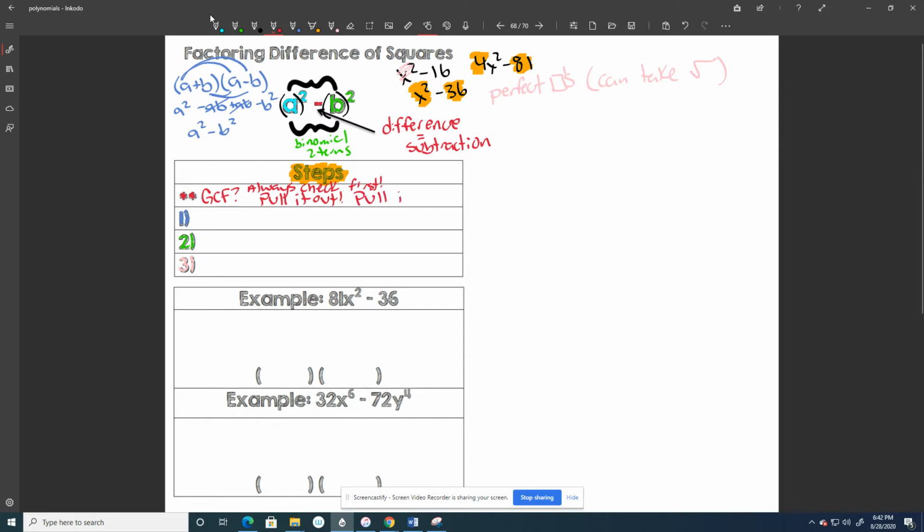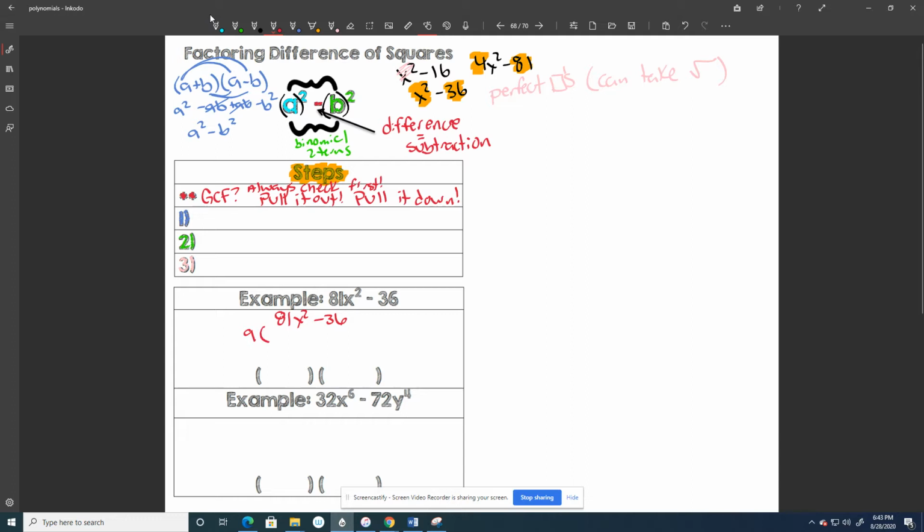You pull it down. So for example, I think both of these examples right here have a greatest common factor. This one, if I'm looking at 81 and 36, 9 goes into both of those numbers. So if I have 81x squared minus 36, I can factor out a 9 because that's my greatest common factor.